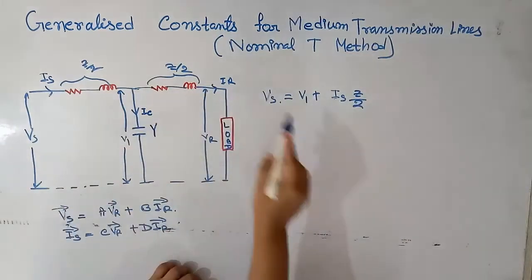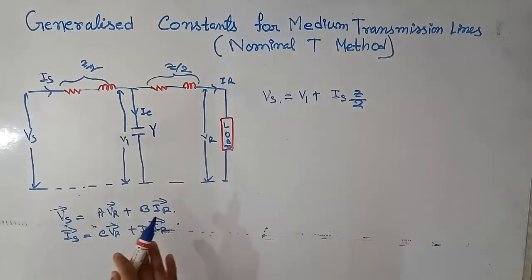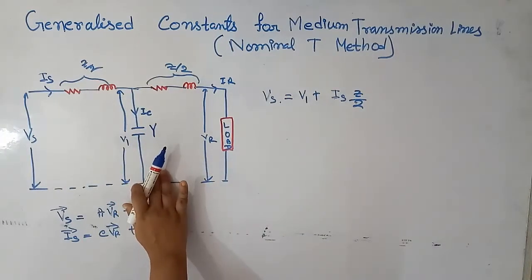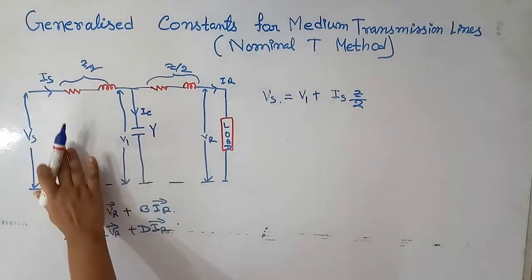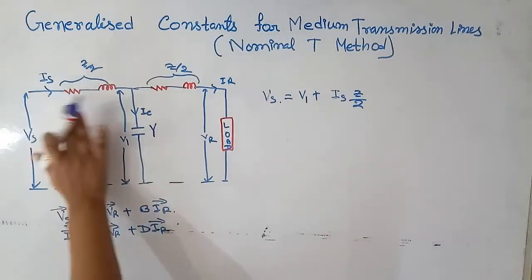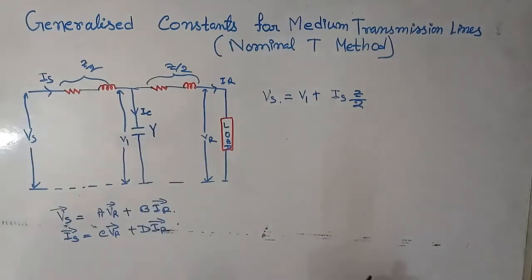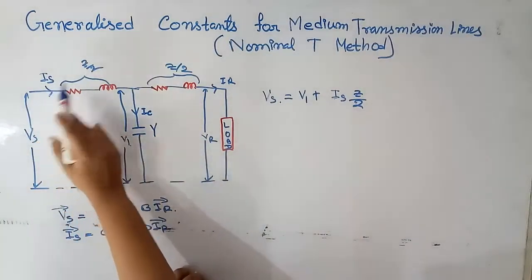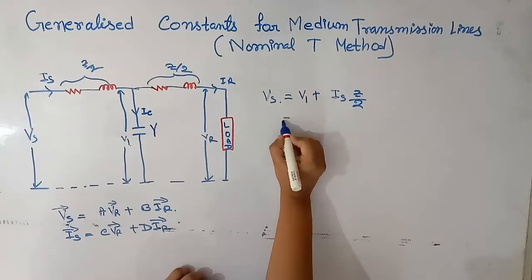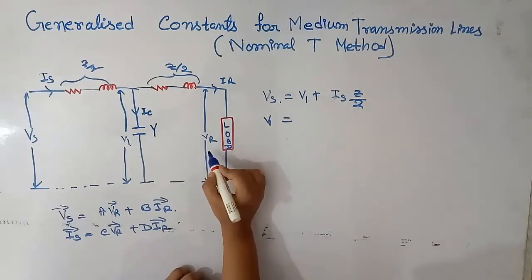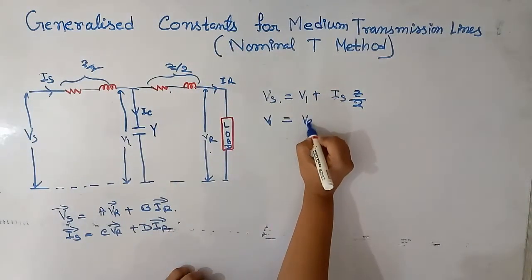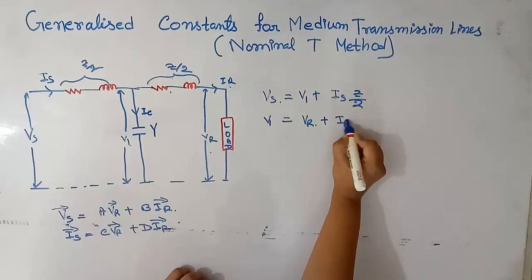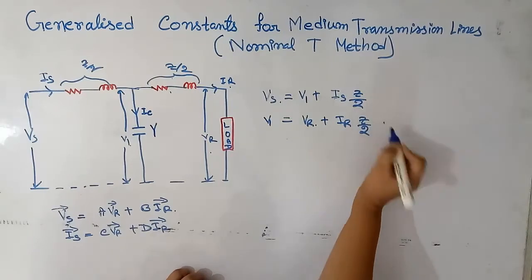Now in a nominal T method, the capacitance is assumed to be connected at the middle point of the line and half the line resistance and reactance are lumped on either side of the capacitance. So Vs is equal to V1 plus Is Z by 2 and V1 is equal to Vr plus Ir into Z by 2.